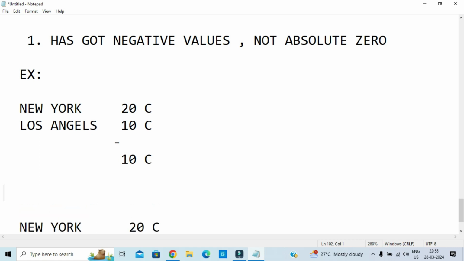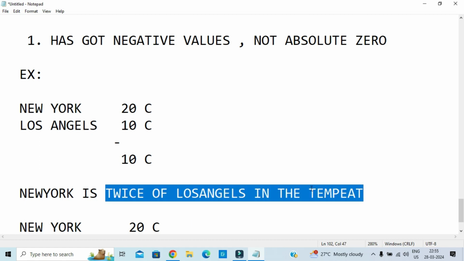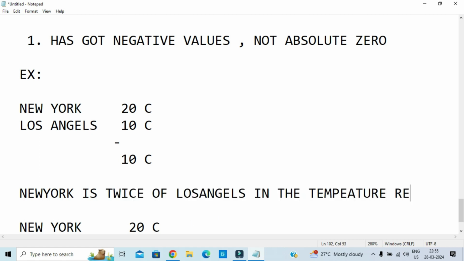So you can say New York is twice of Los Angeles in temperature readings.